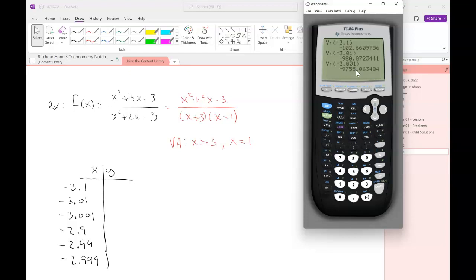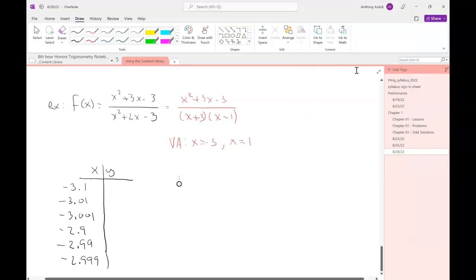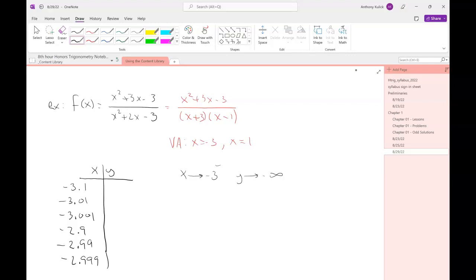The value for y is approaching negative infinity, right? So I might say as x approaches negative 3 from the left, y is approaching negative infinity. You guys agree with that interpretation?